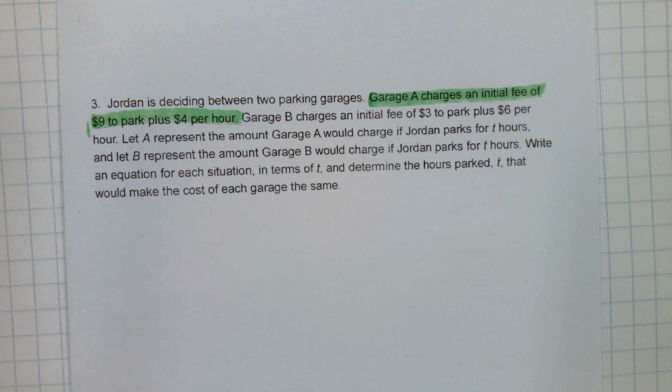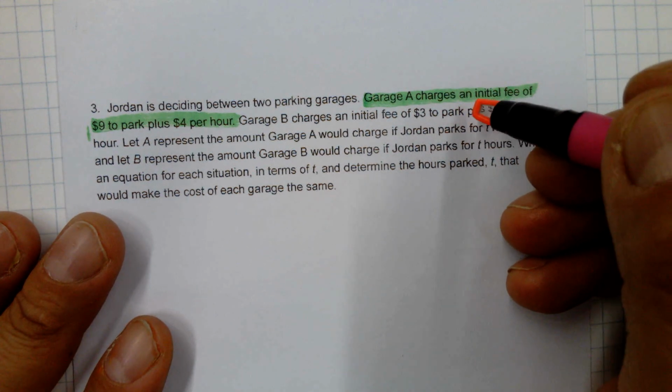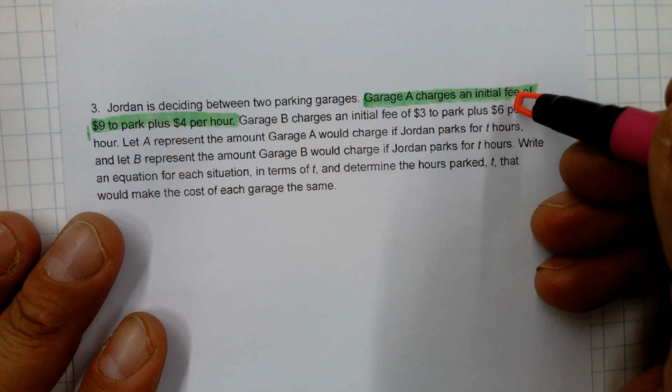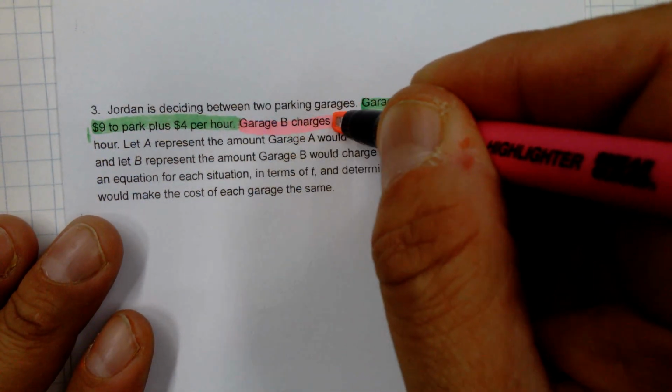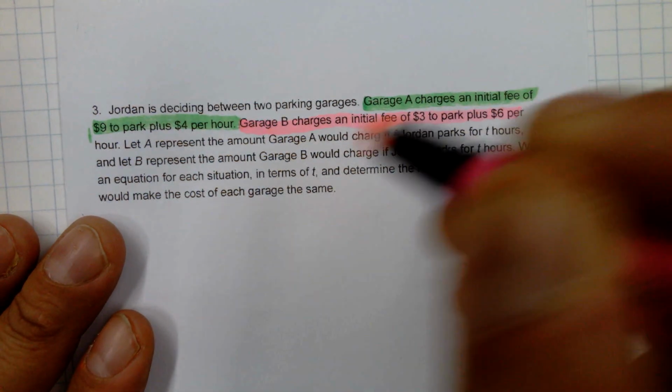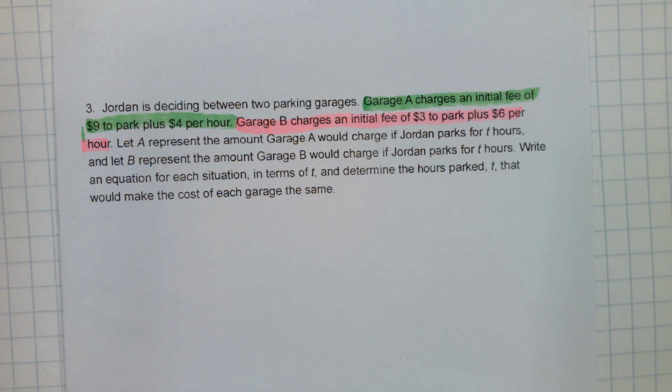Then we have garage B charges an initial fee of $3 to park plus $6 per hour. So I'm going to highlight that because it looks equally important. Okay, so now it says let A represent the amount garage A would charge if Jordan parks for T hours.